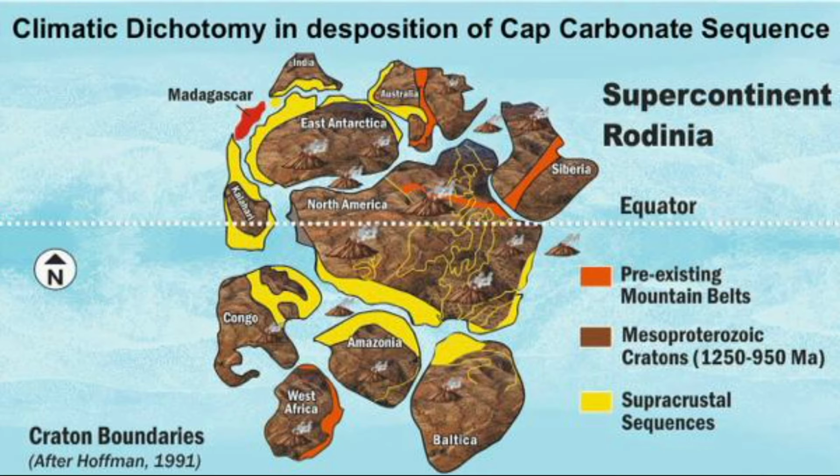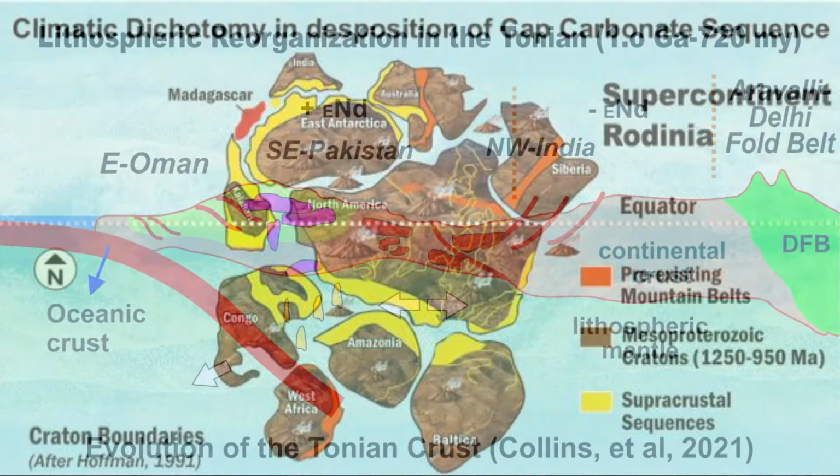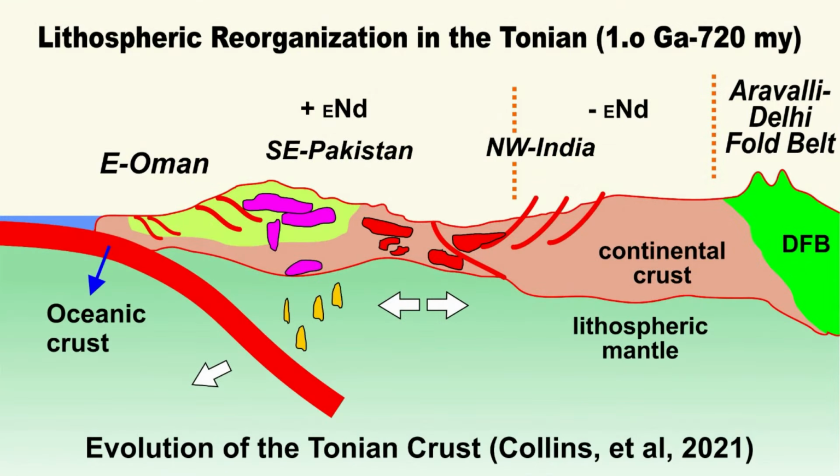We have also learned that some deformed and metamorphosed slabs and rafts of the Tonian crust also descended to the oceans as the Cryogenian glacial debris.